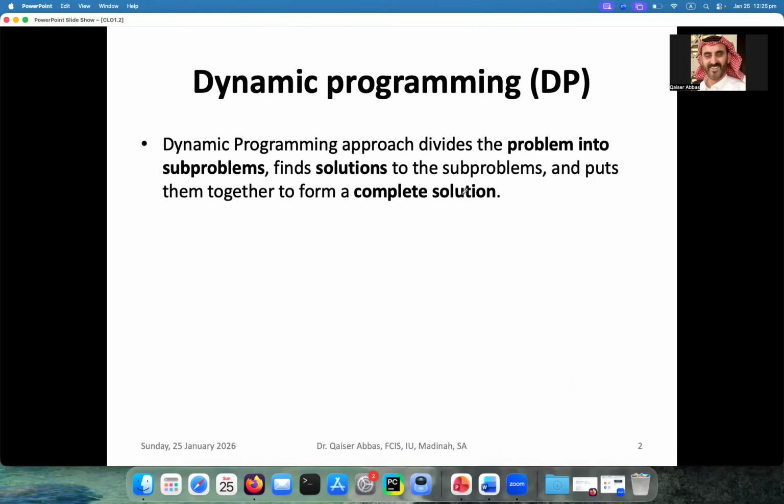And then we will put all those solutions together to get a final complete solution for the main problem. So this is the definition of dynamic programming: divide the problem into subproblems, find the solutions, and put them together to form a complete solution.